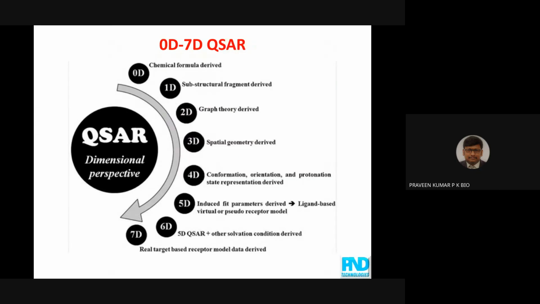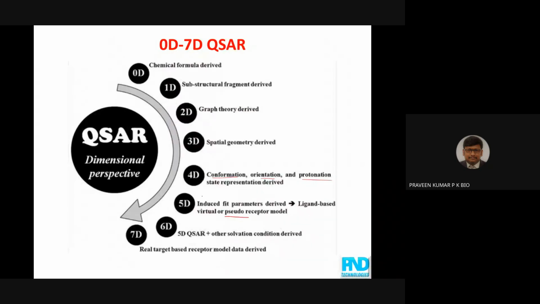Other than the 4D, which is majorly mentioning the conformation, orientation, and protonation state of the compound, in 5D we can also check the induced fit parameters. Whether a ligand can talk with a receptor, I mean a pseudo receptor, or not.